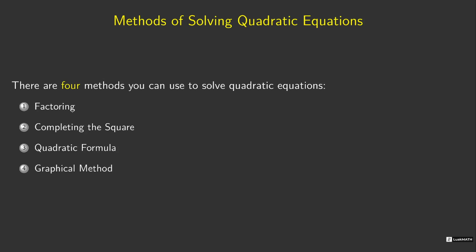So basically, the first one you can factor the quadratic equation, or you can just complete the square. The quadratic formula also works because you can just plug in numbers and it will spit out some numbers for you. Now the graphical method, you just graph it and pick out points of solutions. Now let's go through each one of these individually.